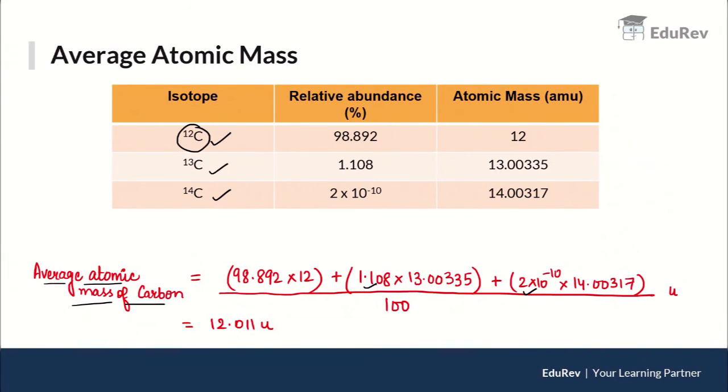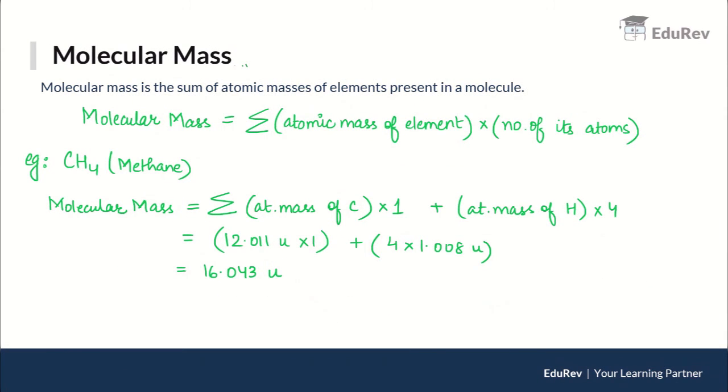So, unit will be unified mass, right? So, the net result comes out to be 12.011 unified mass.